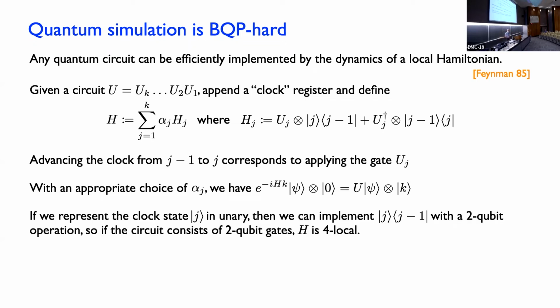Now if we are able to give some representation of these clock register states that is nice with respect to locality, then we can make the overall Hamiltonian local. In particular, if we choose a unary representation of these clock states, j, then we can implement the transition from one clock state to the next with a 2-qubit operation. And if the gates are also 2-qubit gates, the overall construction specifies a 4-local Hamiltonian.